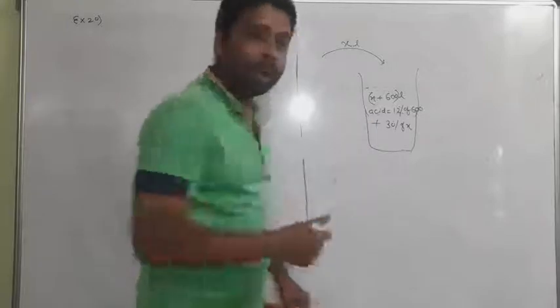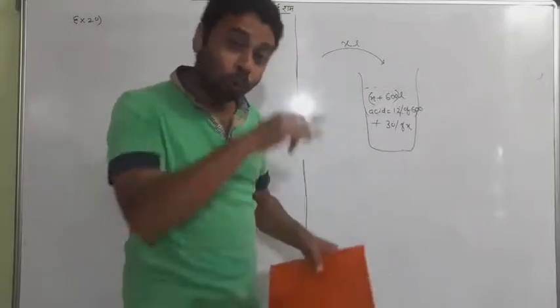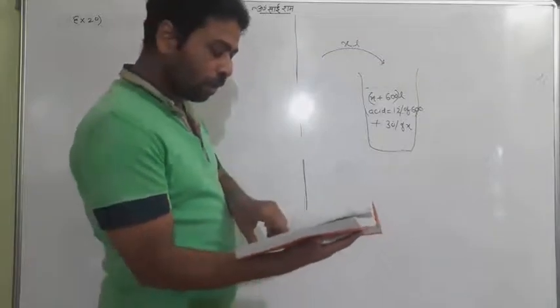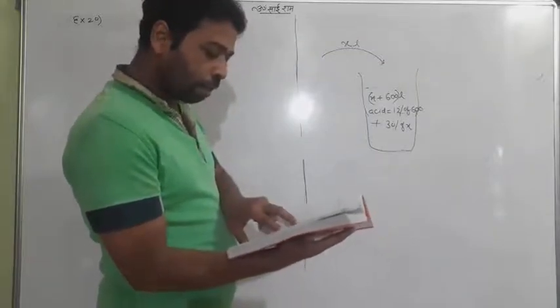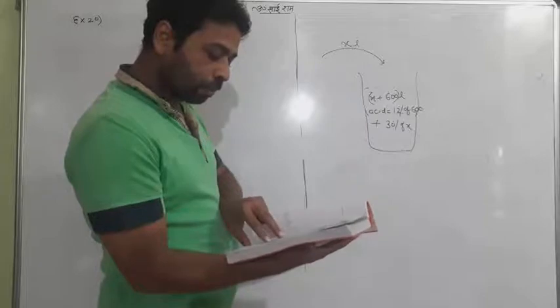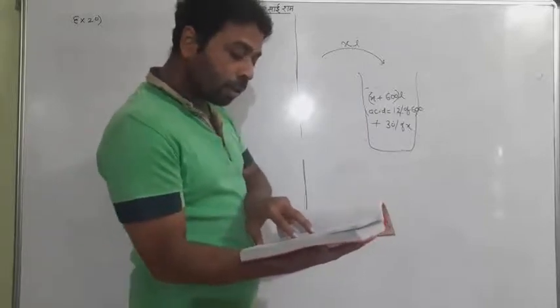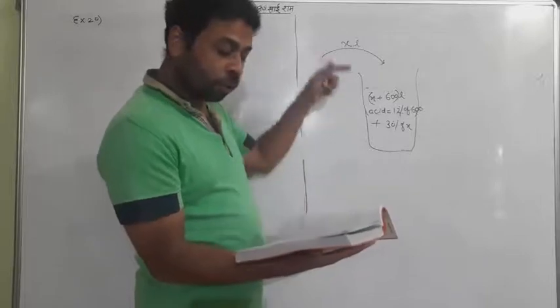So this is from my side as per the question. But the question says, how many liters of 30% acid solution must be added?